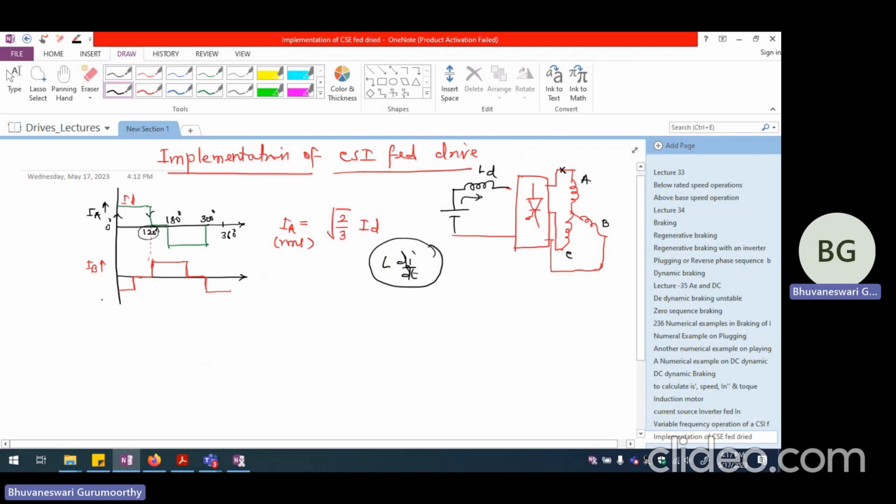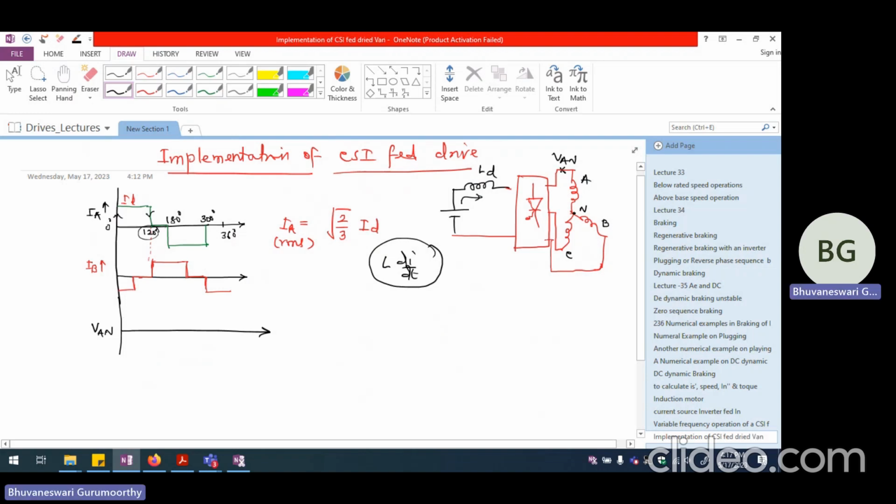So if I draw the voltage waveform corresponding to A phase, B phase, and C phase respectively, let me try to draw that. So if I first draw what is VAN with respect to neutral, if I try to look at the kind of voltage that is visualized at this point, this is VAN.